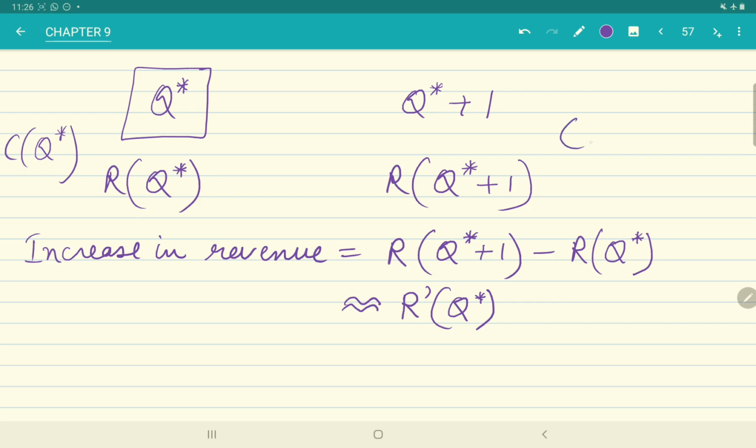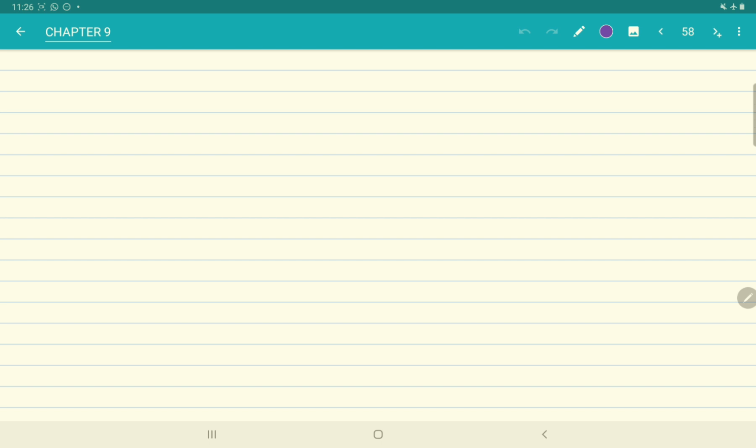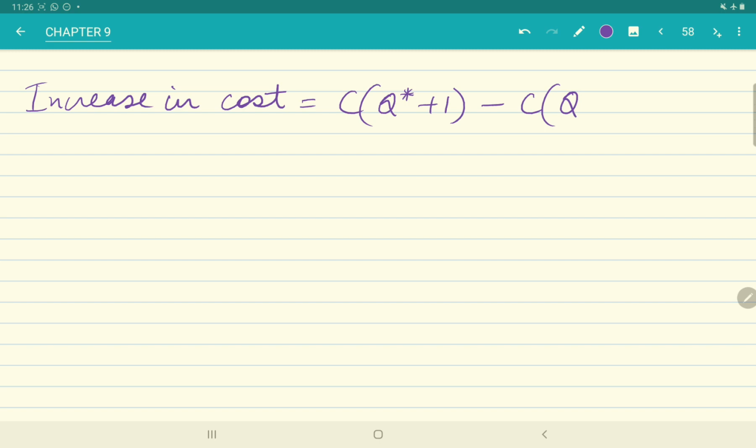Associated with q* + 1, we have C(q* + 1), and I know that C(q* + 1) is surely greater than C(q*). So what is the increase in cost when I increase production from the level q* to q* + 1? The increase in cost is C(q* + 1) − C(q*).